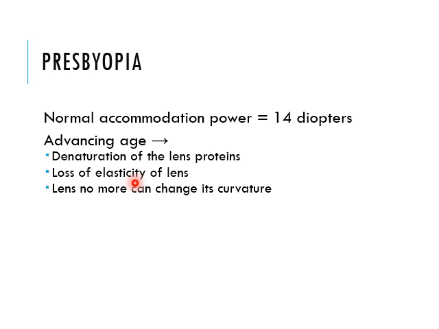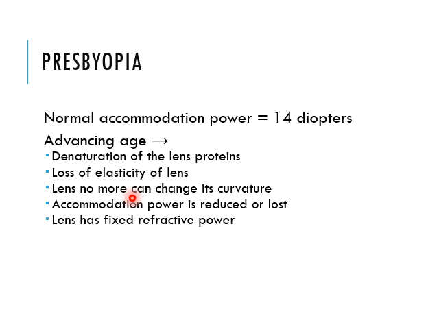Once the elasticity is lost, it cannot change its curvature, it cannot become more globular or spherical. Accommodation power is lost, and the lens has only a fixed refractive power. This is called presbyopia with age. This is a normal phenomenon that occurs.